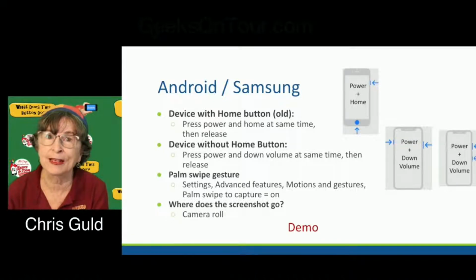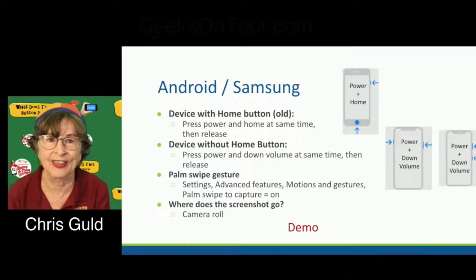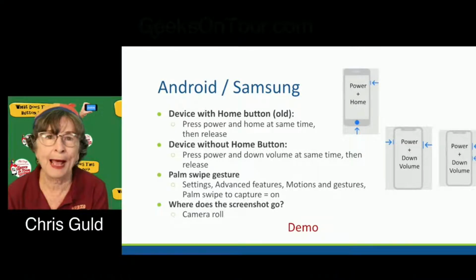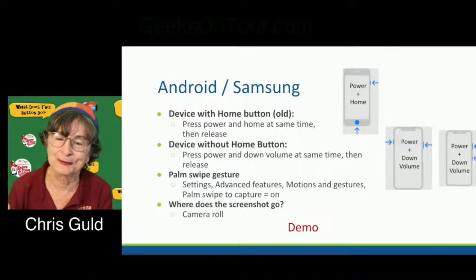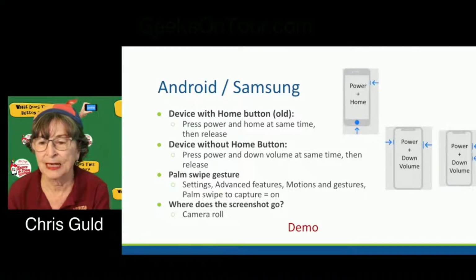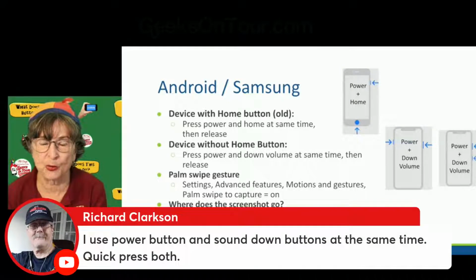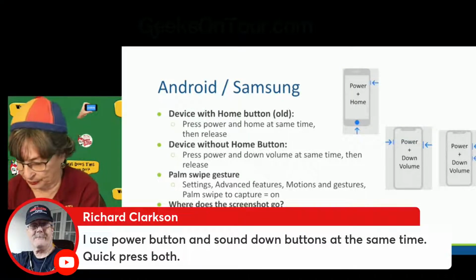Most all Android phones I know work if you hold down the power and the down volume. On the iPhone, the ones that don't have a home button use the power and the up volume, just to be different. So Android: power and down volume. But then there is the palm swipe gesture, and I'll show you that.